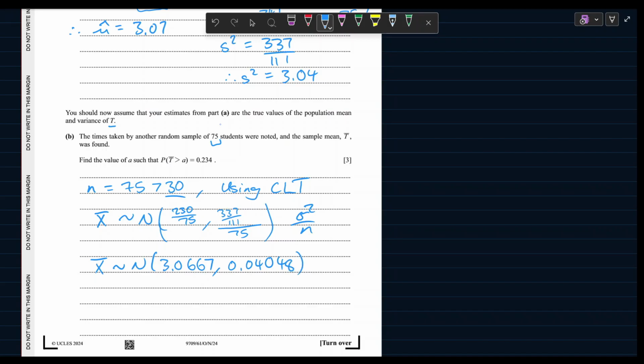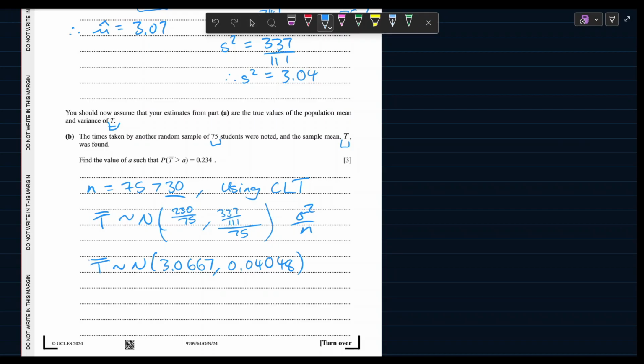Okay, and I should not be using x, I should be using t, because our population is coming from t, so the sample mean is t bar. That shouldn't be x, it should be t bar.